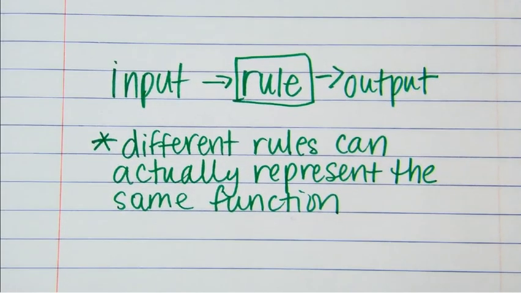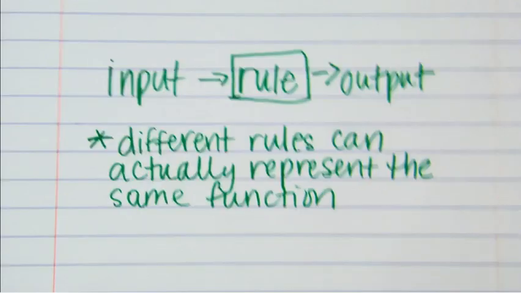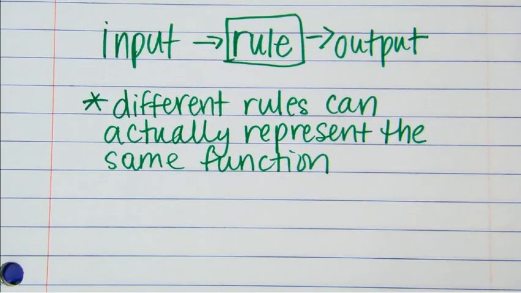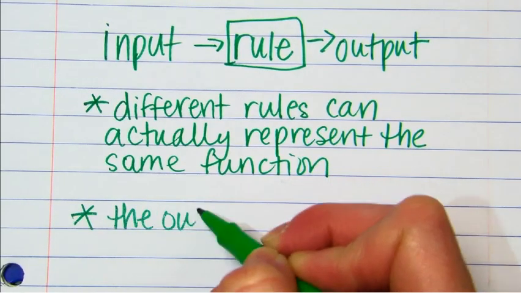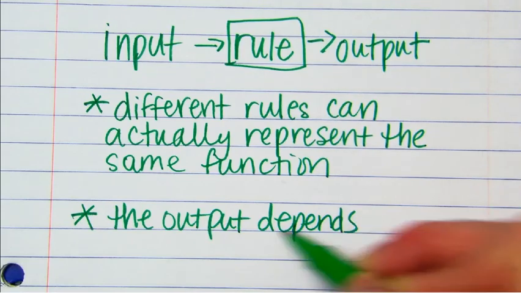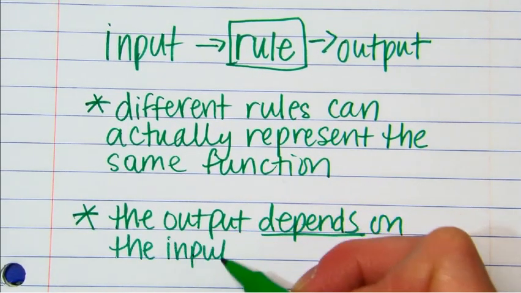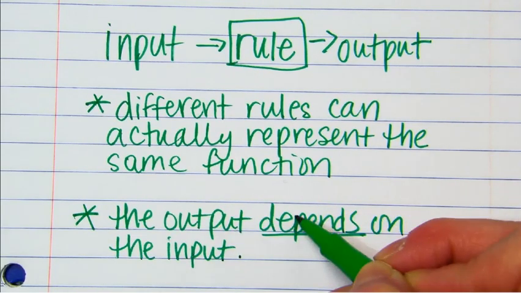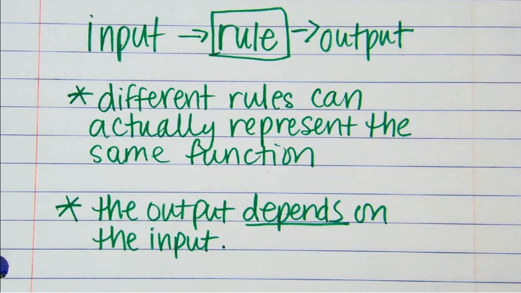Saying that we square a number and saying that we're going to find the area of a square is a different rule the way it's written, but it's actually the same. We have also learned that the output depends on the input. And that's it. Scribble that down and you're done.